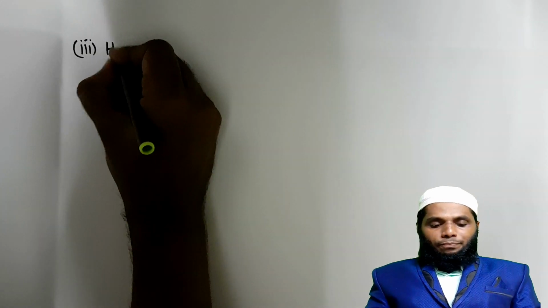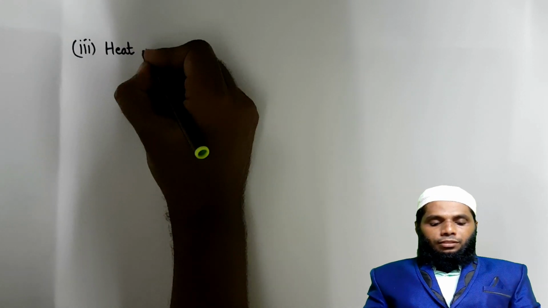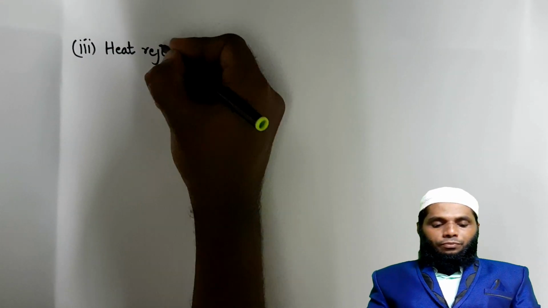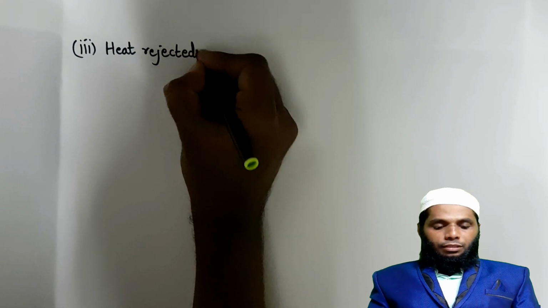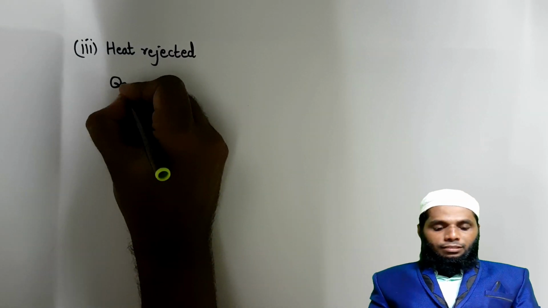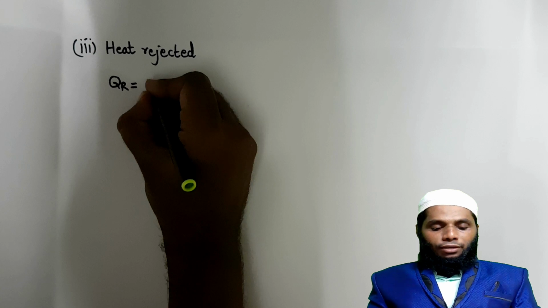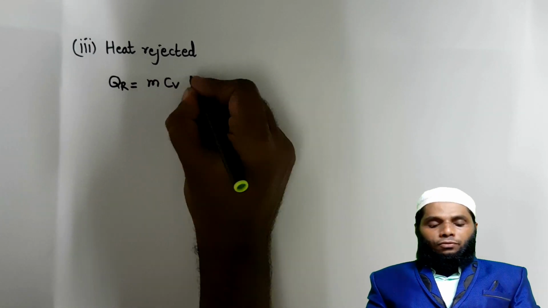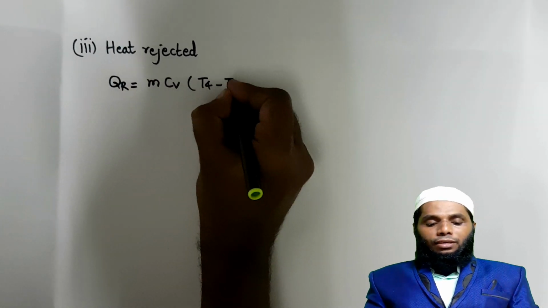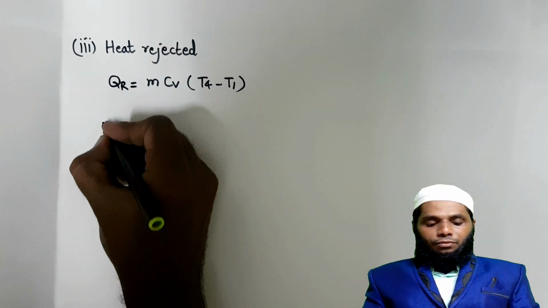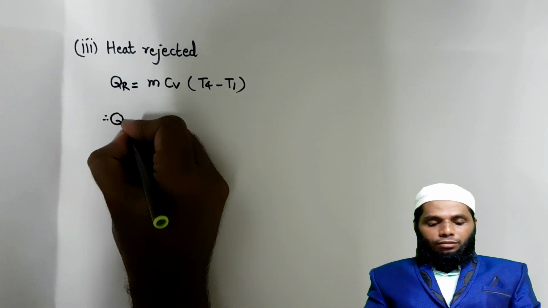So in next step of this, step number 2, we'll determine heat rejected by the system. For that we have the relation of heat rejected: QR is equal to m CV into bracket T4 minus T1.